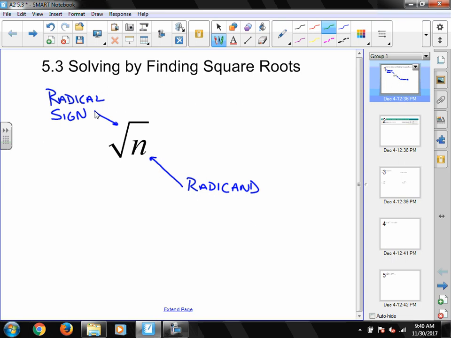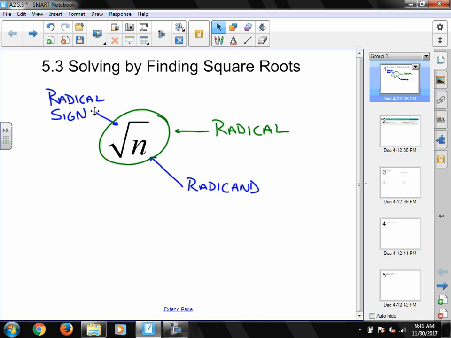And this whole thing all together, the square root of n, is a radical, or a radical expression. However you want to refer to it is fine. So if I talk about the radical or the radicand, radical sign, either way, that's just so you guys know what I'm talking about when I'm talking about these different parts.